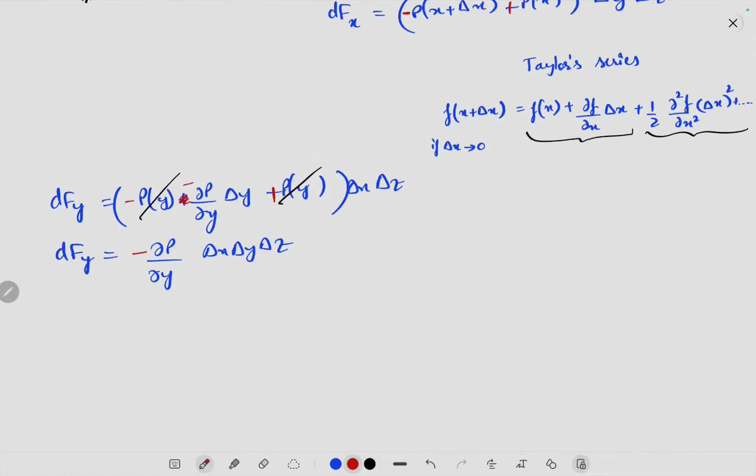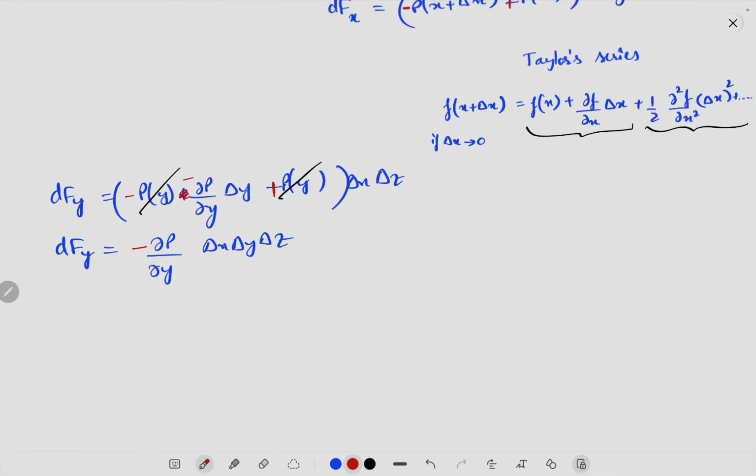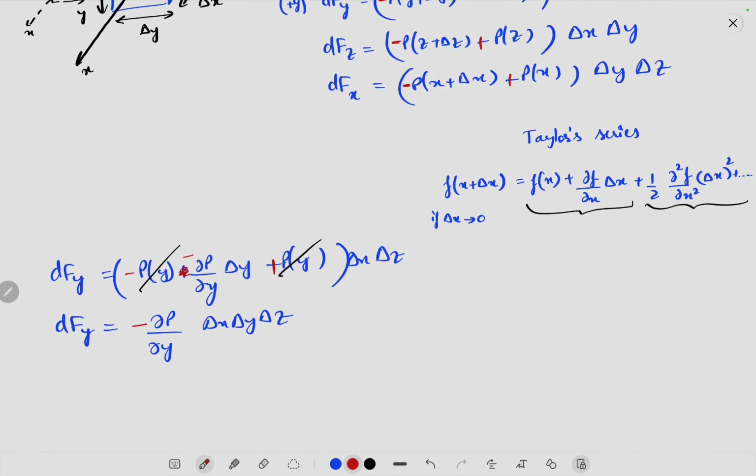Okay, now similarly for other directions, we'll get dFx equal to minus del P by del x into delta x delta y delta z, and dFz is equal to minus del P by del z into delta x delta y and delta z. Okay.